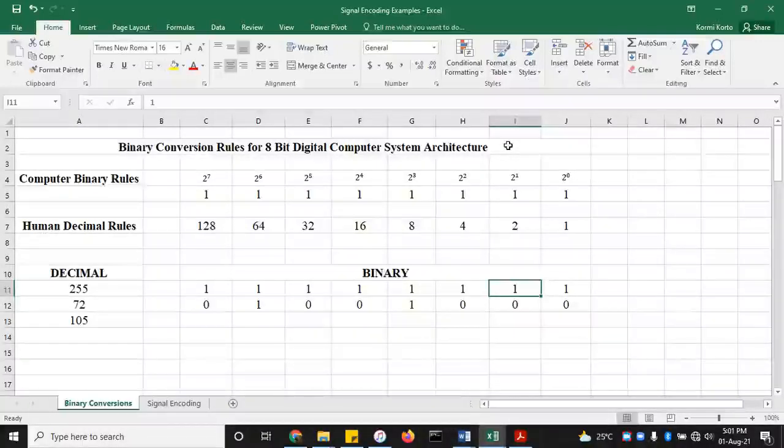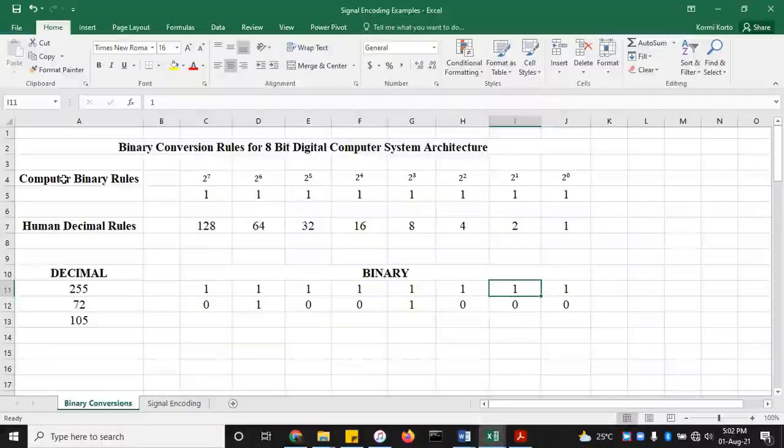This should have been covered in Data Communication 1. I'm just going to go through it briefly so you can get an idea of how the conversion is done. The first rule is you have to understand computer binary rules and human decimal value rules as well. With computers, by now you should know that computers read information in binary, which is just 0 and 1.